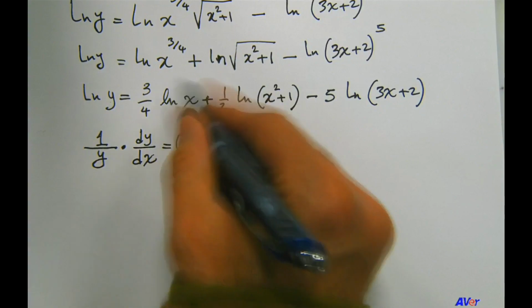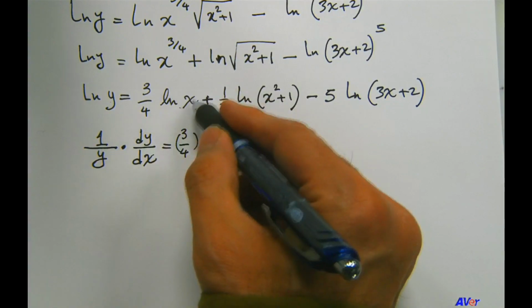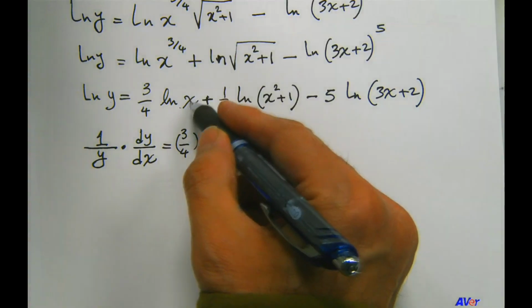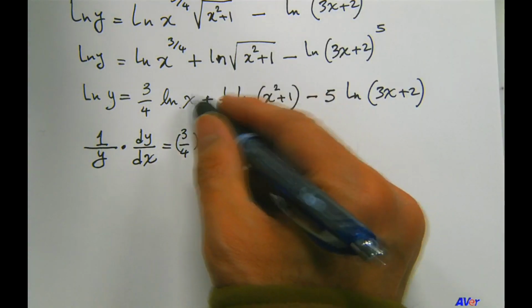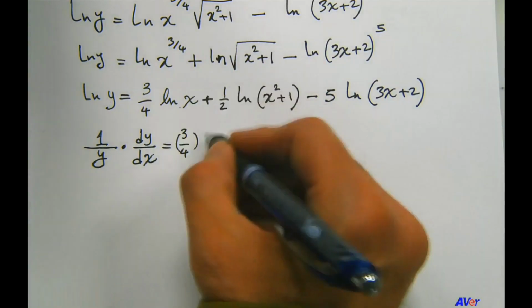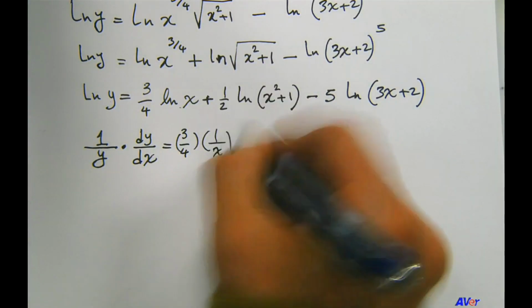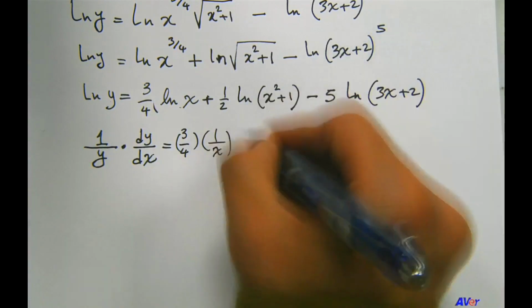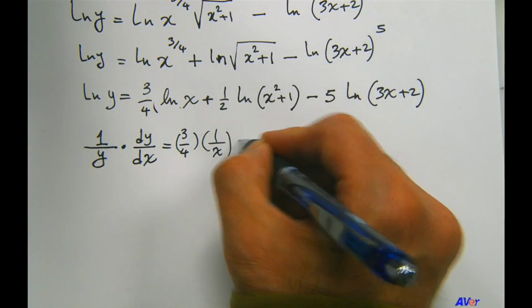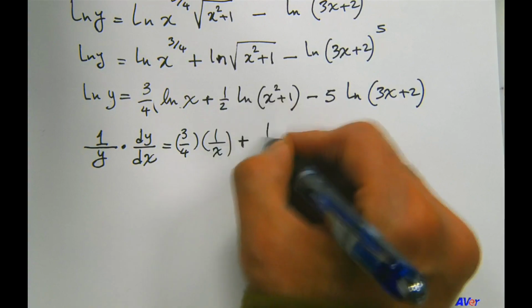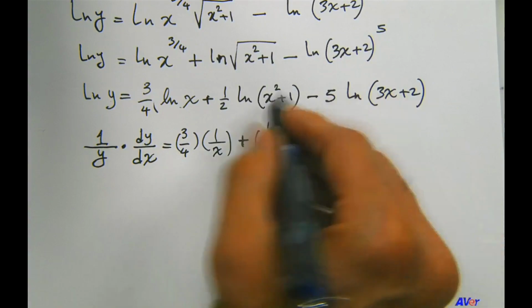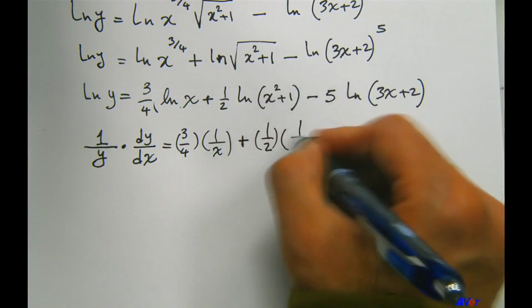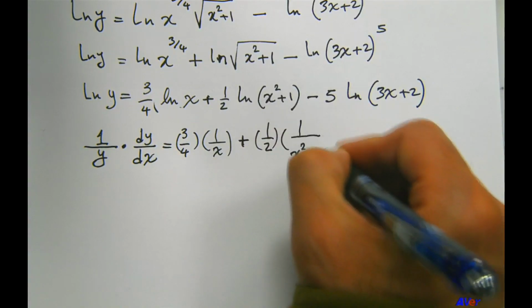times 1 over x, right? We don't have to use the chain rule here because x is just x. This is not a function of another variable. This is just a variable. So 1 over x. That's the derivative of natural log of x, as we just learned. And plus 1 over 2 times 1 over this entire thing, x squared plus 1.